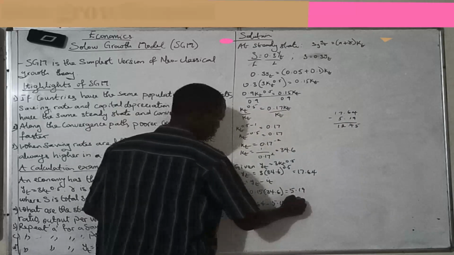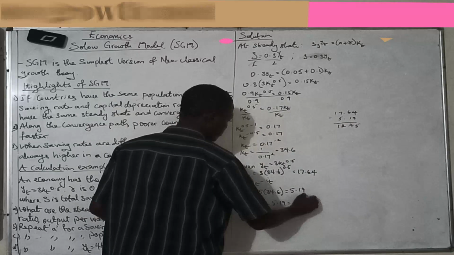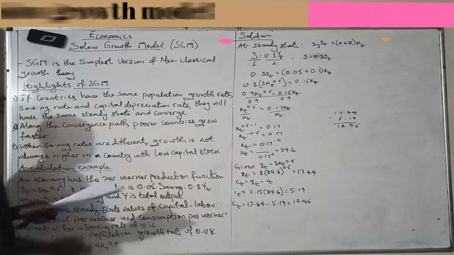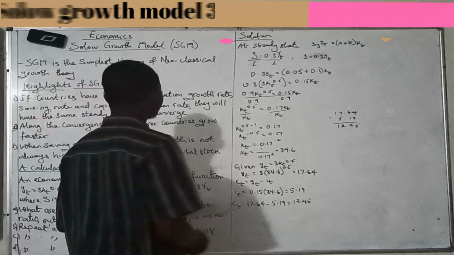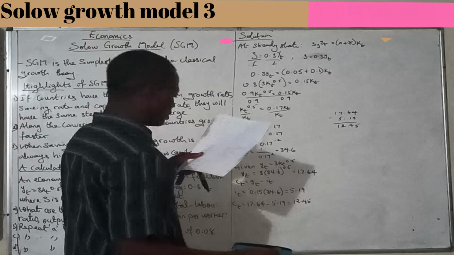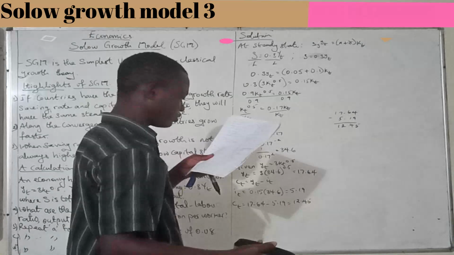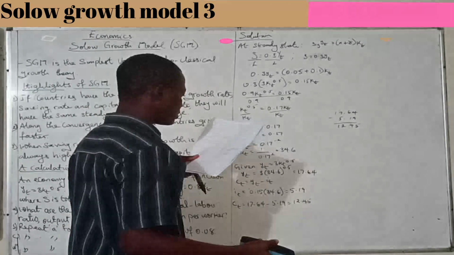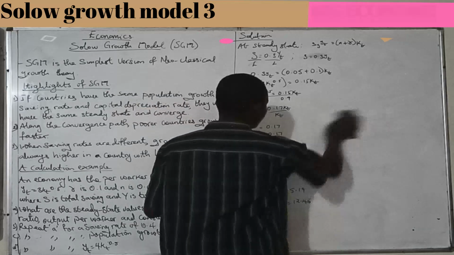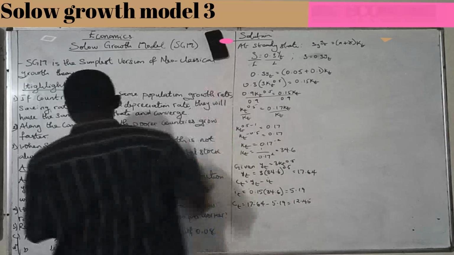So the consumption should be 12.45. So that's the first part of the calculation. And so we then move into the next question.